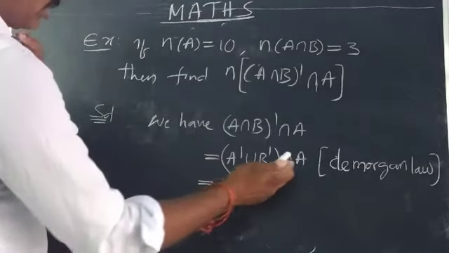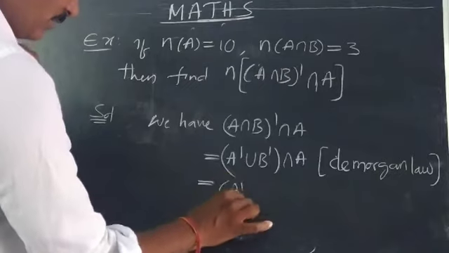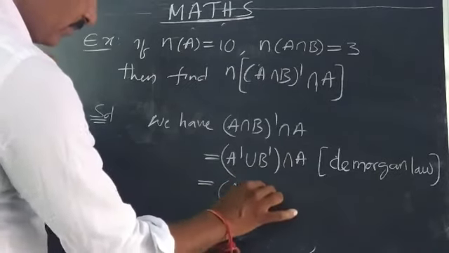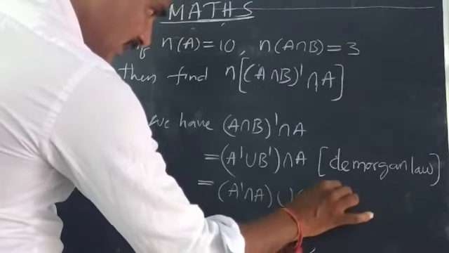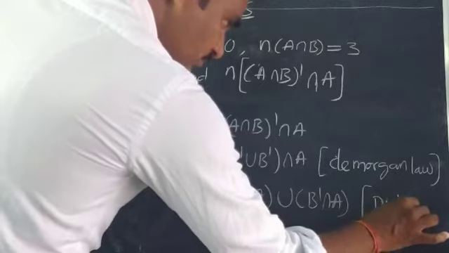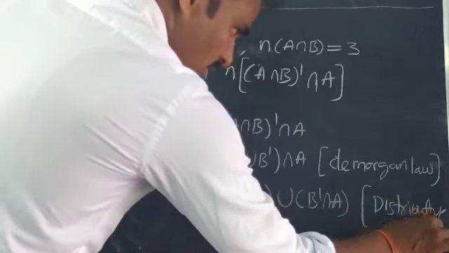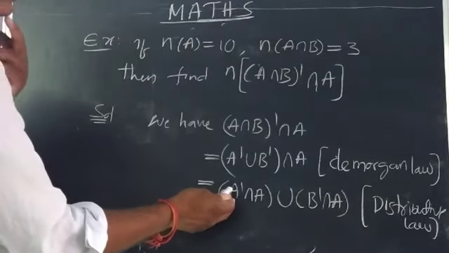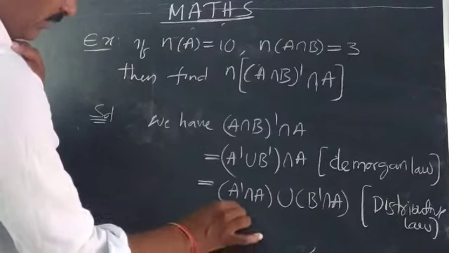Again I am using the distributive law. A dash intersection A union B dash intersection A. This is by the distributive law. A complement intersection A is empty.